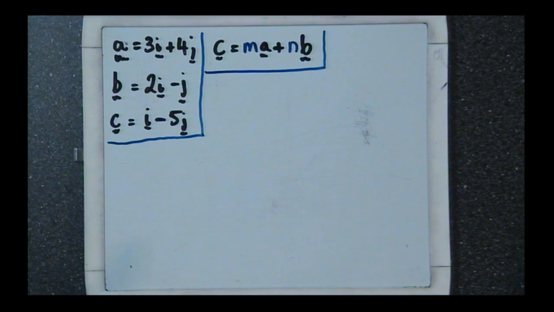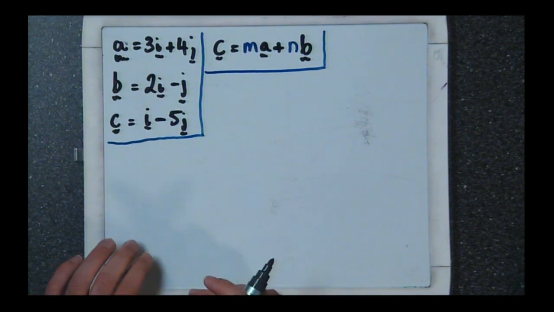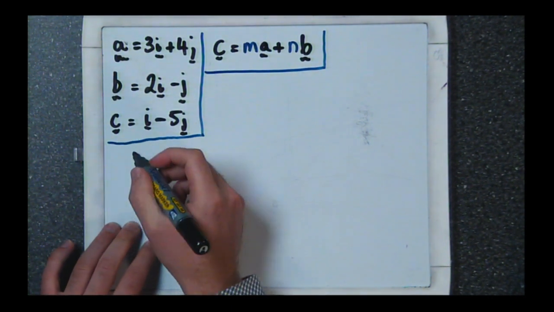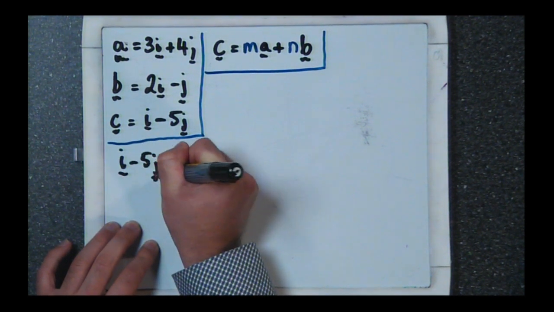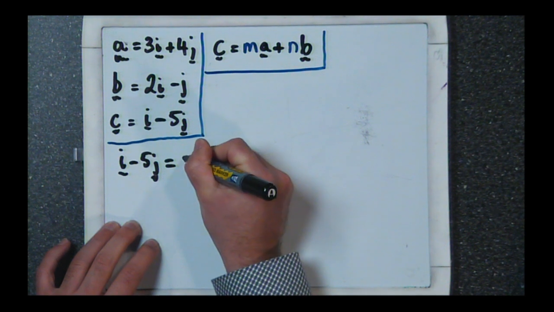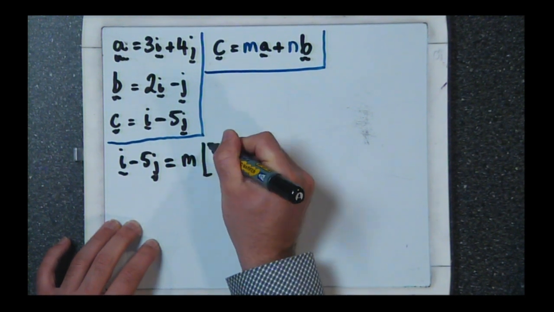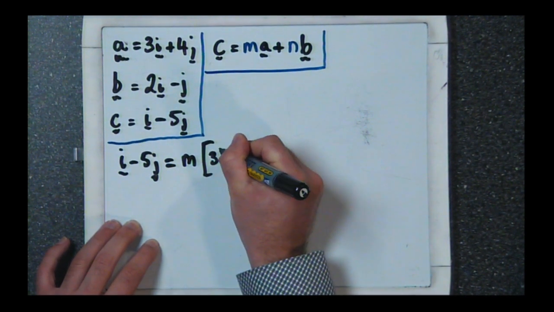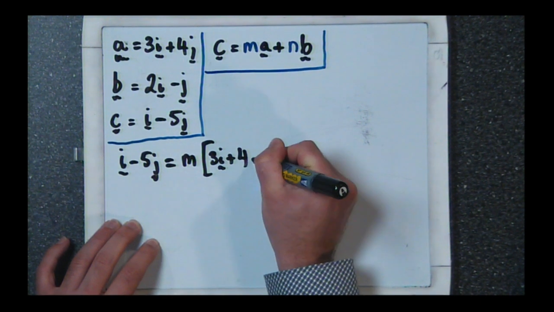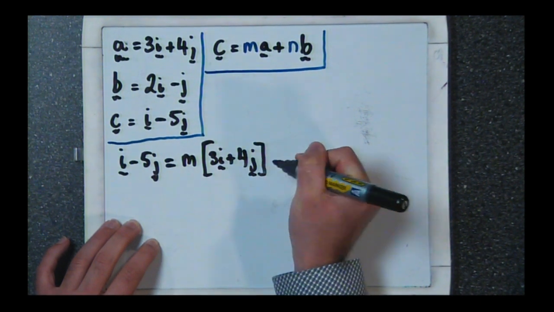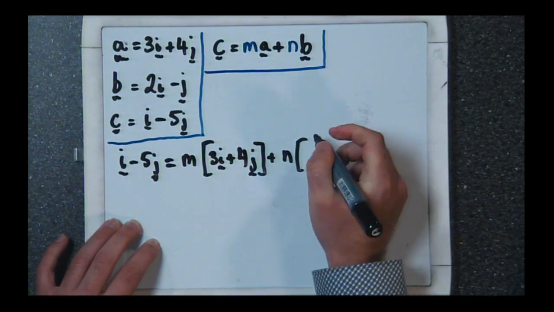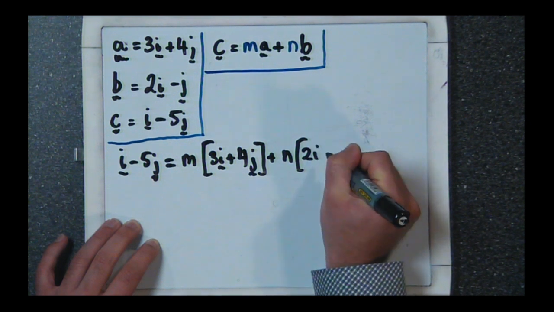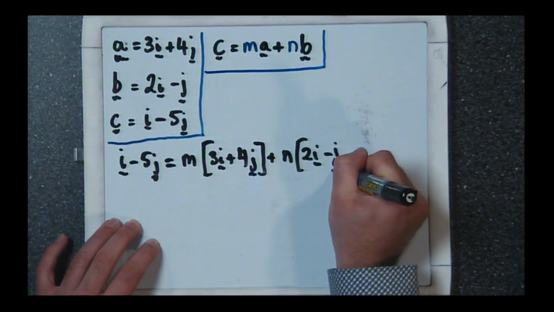Okay, so the way we have to do that is we'll write out the whole equation. Vector C, i minus 5j, we want to see if that equals m of vector A, which is 3i plus 4j, plus n multiplied by vector B, which is 2i minus j.